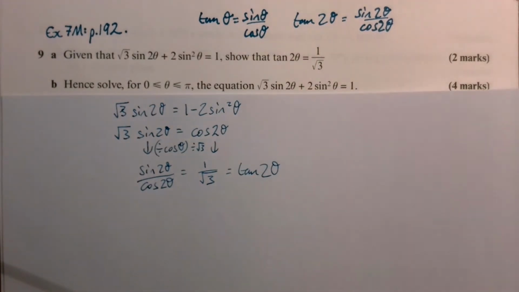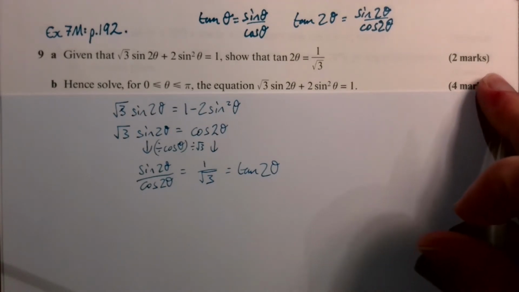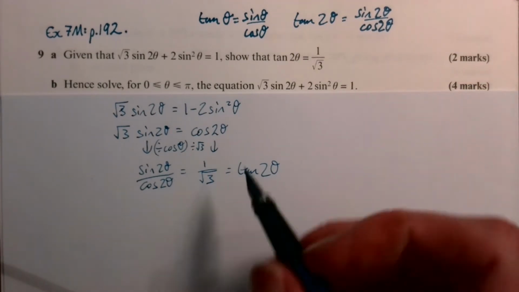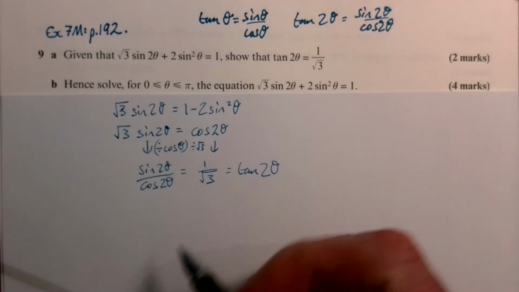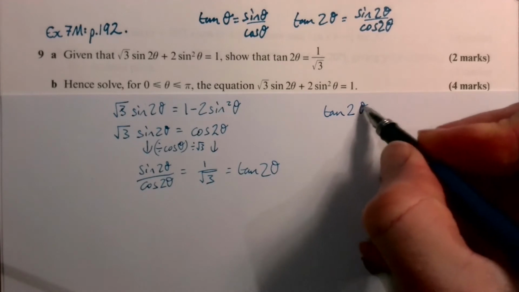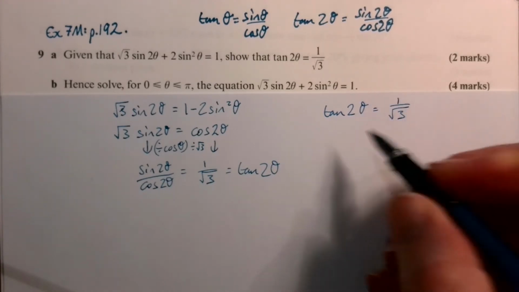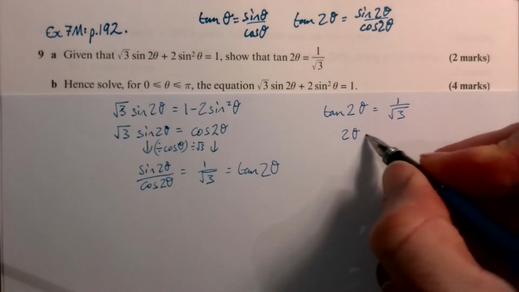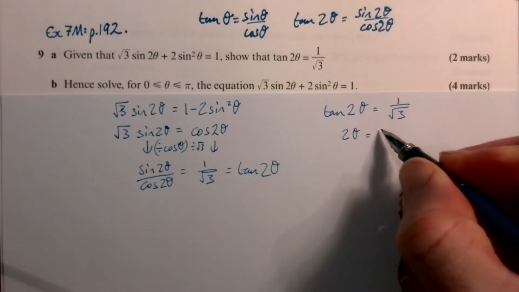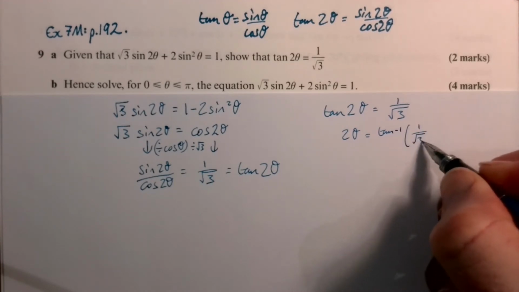So we've shown it, but most of the marks on this question are for solving the equation, so we're going to be using the fact that tan 2 theta is equal to 1 over root 3, so we can work out what 2 theta is going to be with tan negative 1 over root 3.